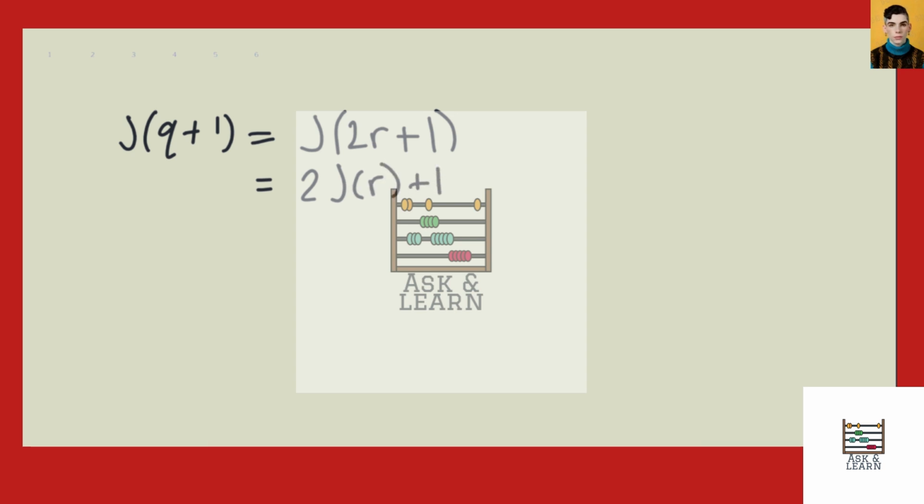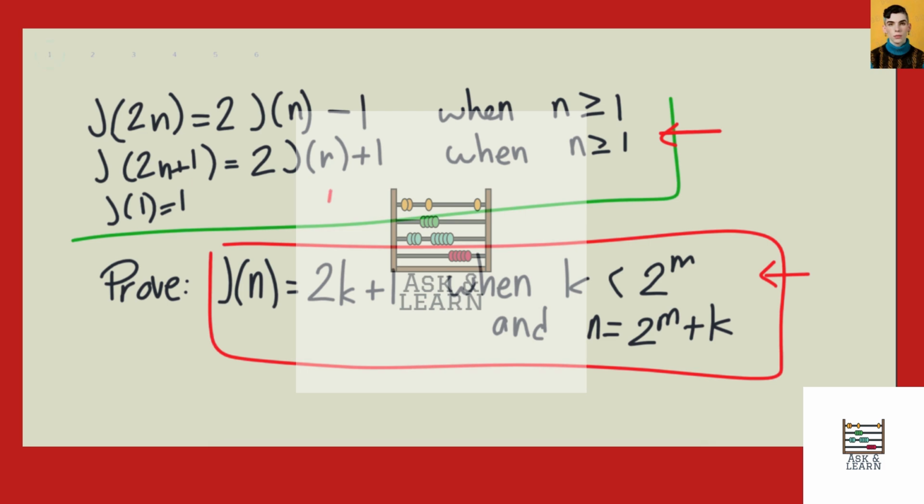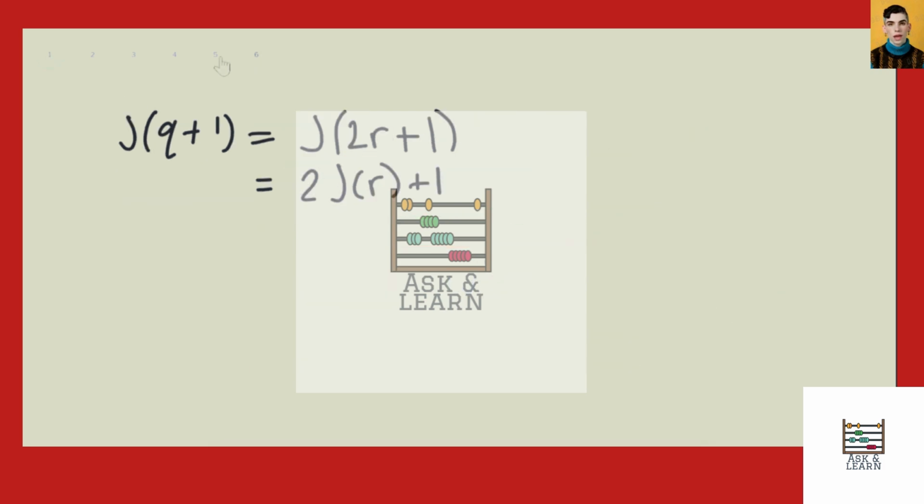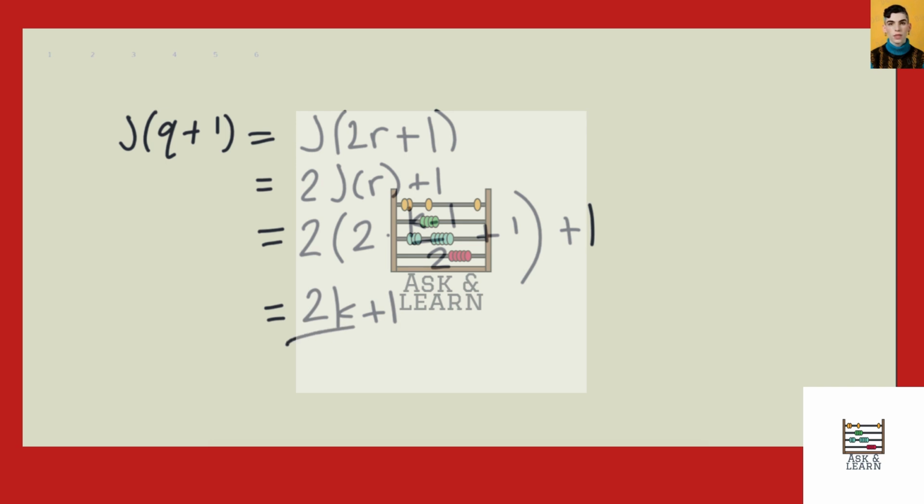And that, again, comes from the formulas given to us initially here. Okay, and so then we can break this down. So this is going to be equal to 2 times ((k minus 1) over 2 plus 1) plus 1, which is equal to 2k plus 1. And so again, this holds, right?